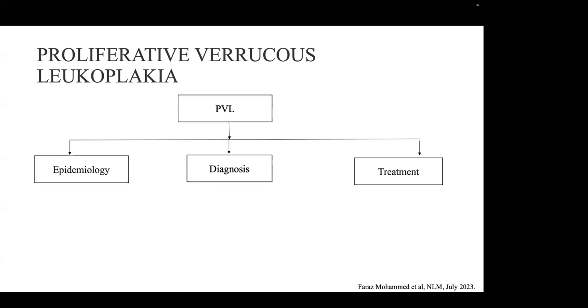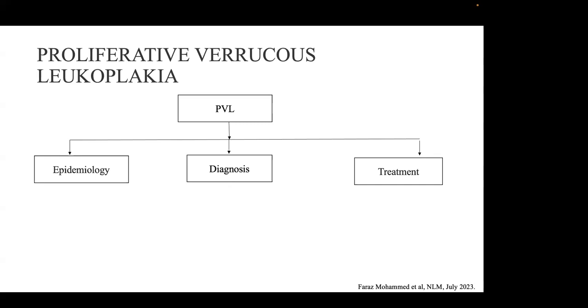Again, the treatment: there's no curative treatment for PVL, and the multiple therapies for temporary control include surgical excision, laser ablation techniques, cryotherapy, photodynamic therapy, and radiation therapy. In addition, you can also use oral retinoids, and topical bleomycin has also been used in PVL management.